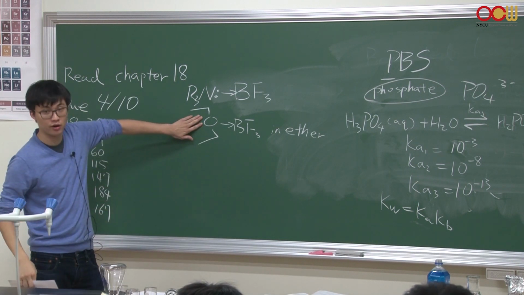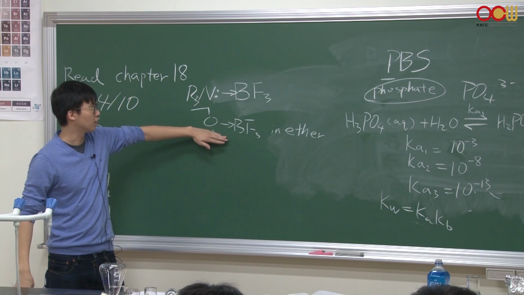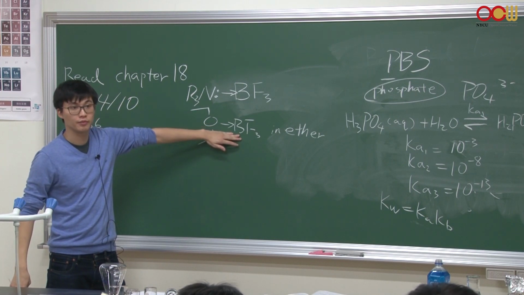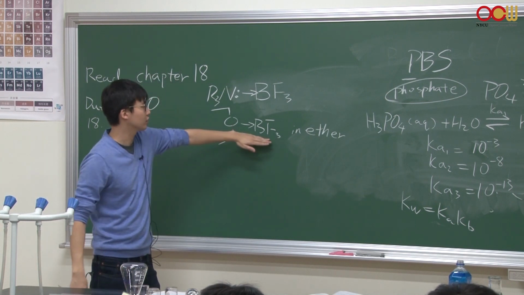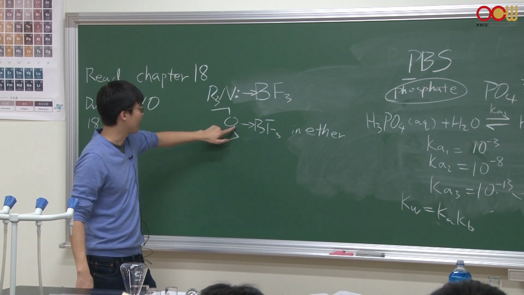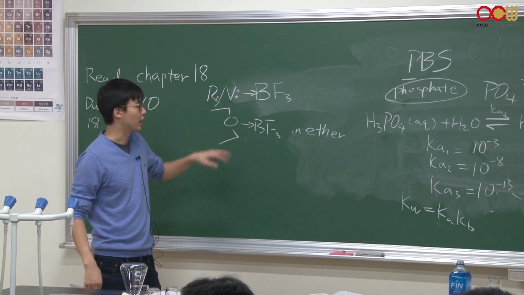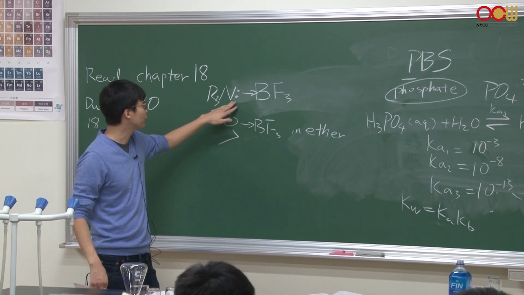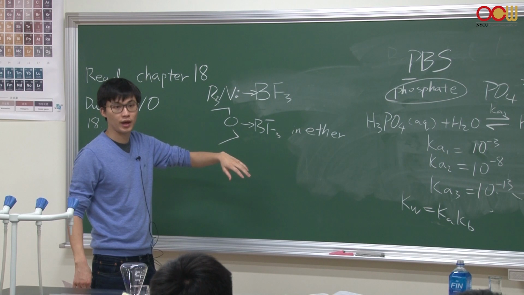Again, the lone pair of the ether is going to bind to the boron. We call boron a Lewis acid because it accepts electrons from other electron-rich species. Other electron-rich atoms are generally nitrogen and oxygen, which like to donate that electron pair away.